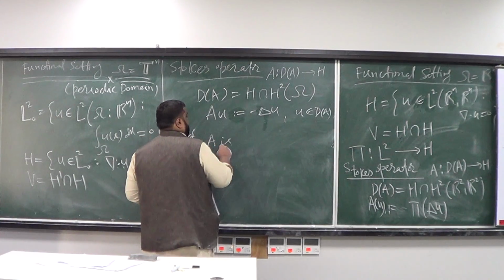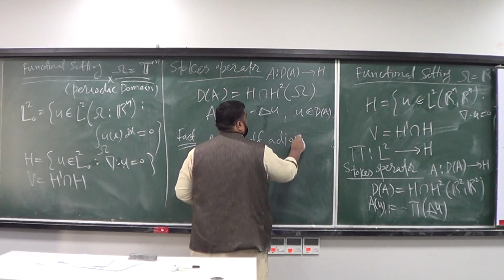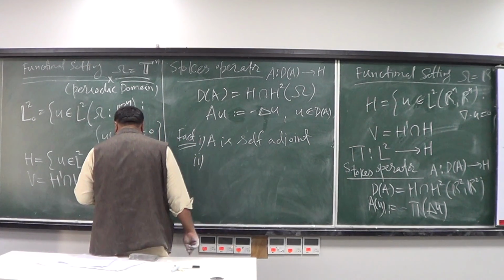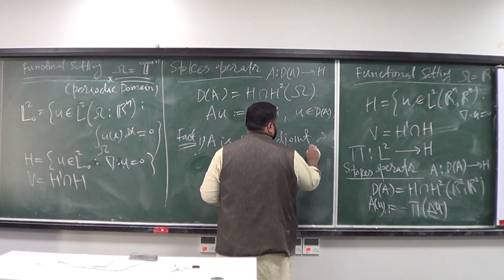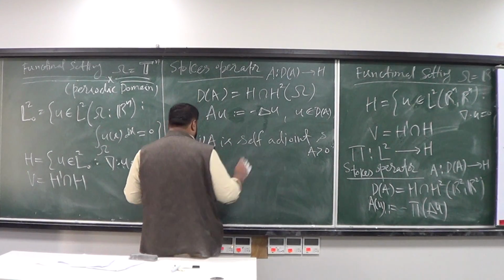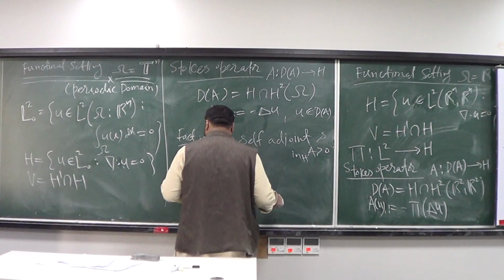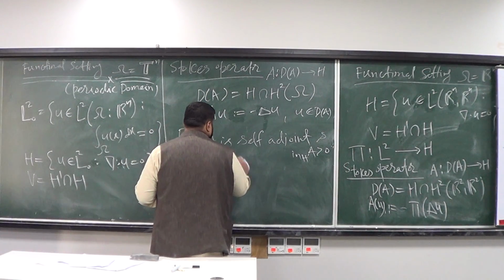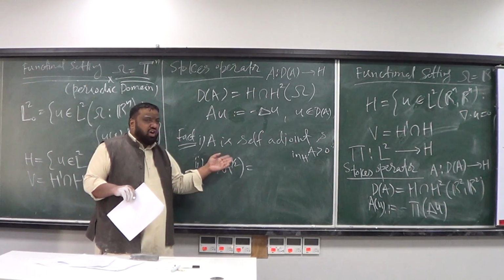The fact is that A is self-adjoint. The first thing is that A is self-adjoint, and A is positive, unlike there, where A was non-negative in H. And the second thing is the domain of A^{1/2}. We know that if an operator is non-negative, the A^{1/2} operator makes sense.